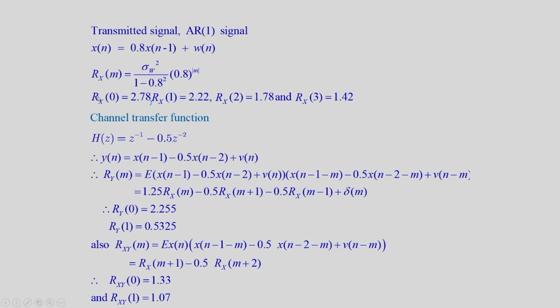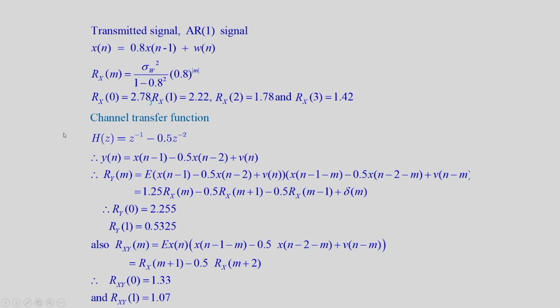So, if we carry out the calculation, we will get Rx[0] = 2.78, Rx[1] = 2.22, Rx[2] = 1.78, and Rx[3] = 1.42, like that.